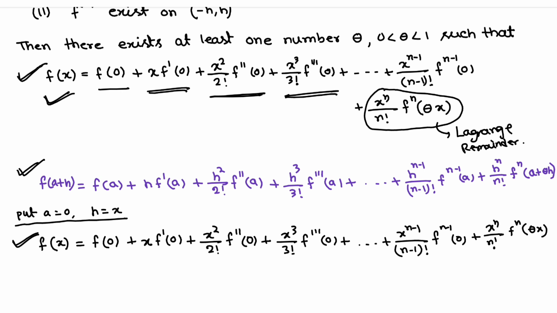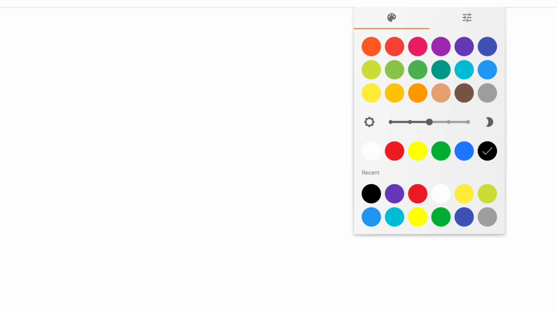Okay, so let's start using Maclaurin's MVT. Let me tell you, Maclaurin's MVT is very important. Okay, using this result you can solve many problems. Clear? So let's start. Question.